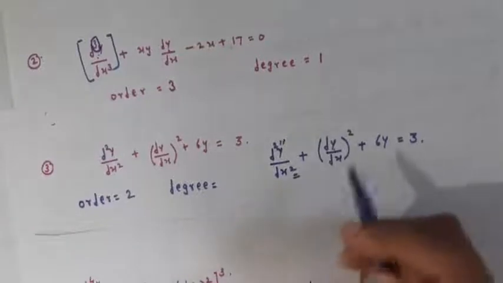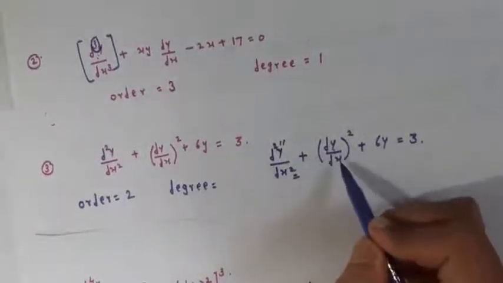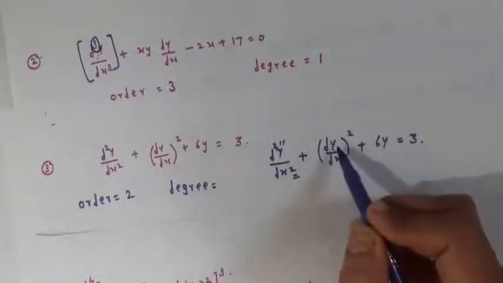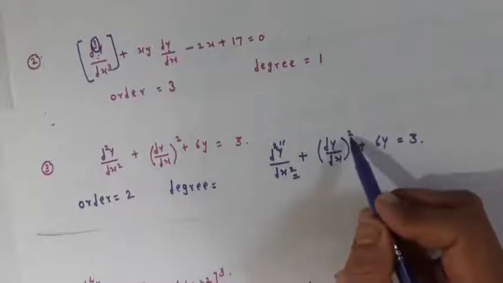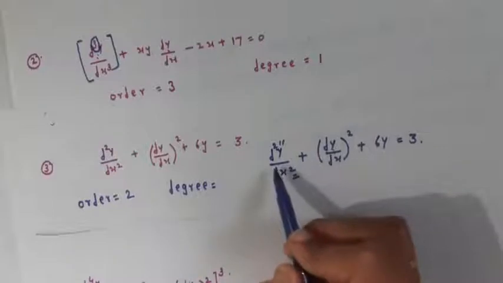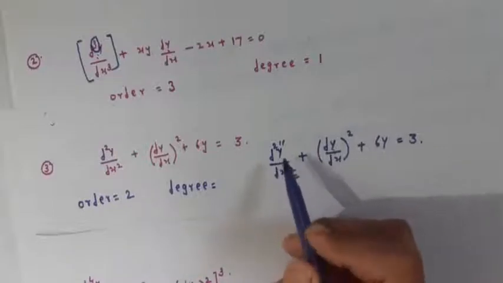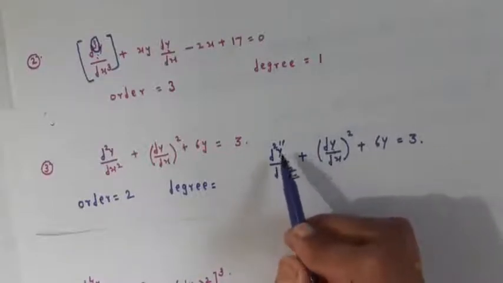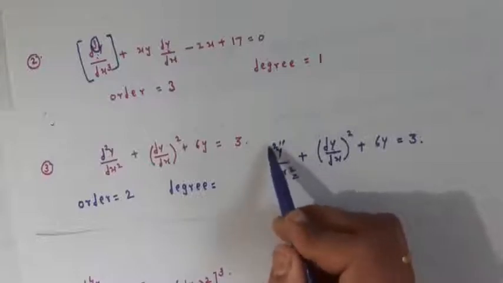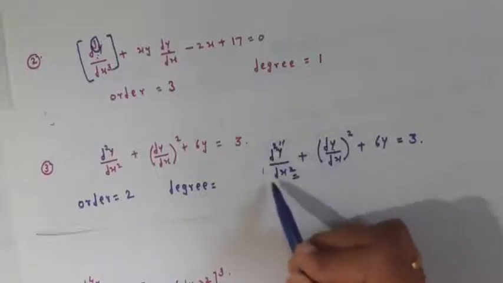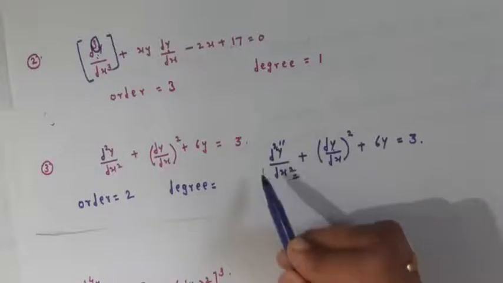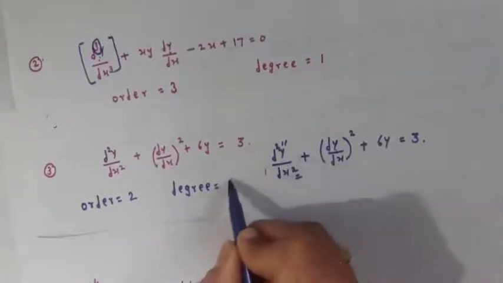See students, dy/dx is here, but its power is 2. Its index is 2, meaning its power is 2. But for the first term, the second order derivative, its power is 1. That's why the degree of the differential equation is 1.